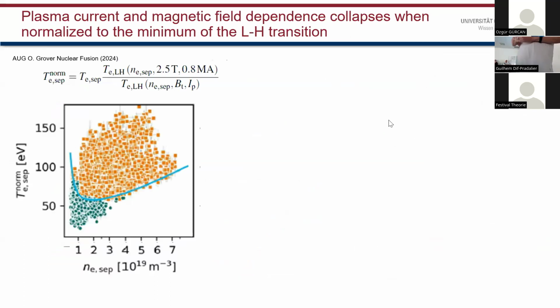You may now ask, okay, if this works, we can normalize the temperature to the temperature at the L-to-H transition, and then the entire database collapses, in fact. So you can plot the normalized electron temperature against the normalized electron density, and the entire ASDEX database collapses to a uniform picture at the L-to-H transition.